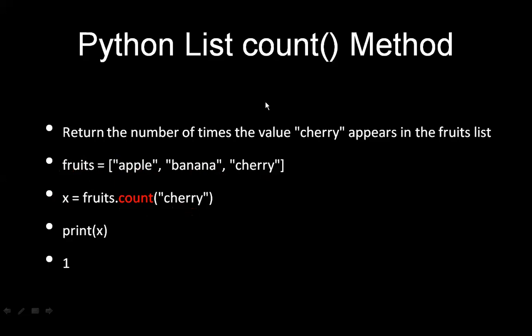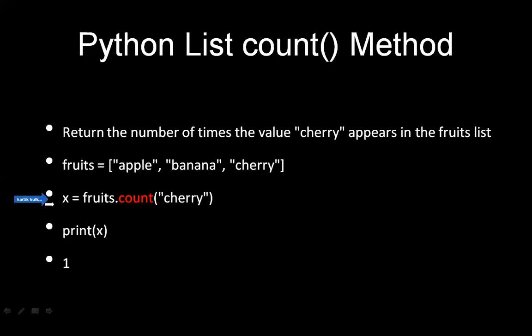How do we check whether any object is repeated more times, or the number of times an object is repeated in the list? We can check that with the help of the count method, which helps us retrieve the number of times the object appears.